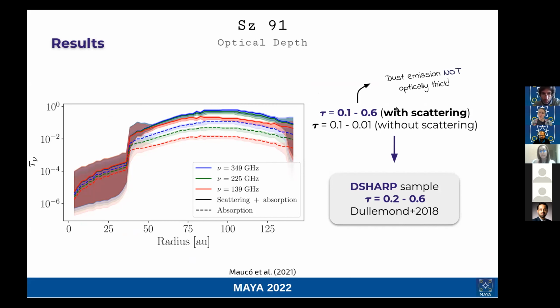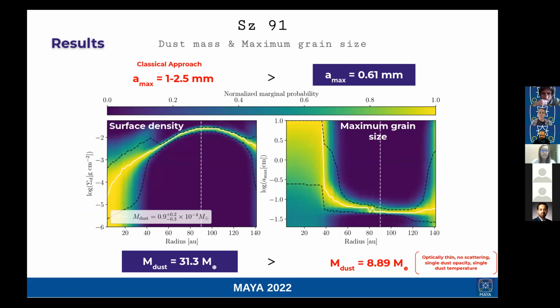But what is interesting is that even in this case, when the emission is only a little bit optically thick, when you estimate the mass using the classical approach, assuming that the emission is optically thin, then you will underestimate the mass by a factor of 2 or 3.